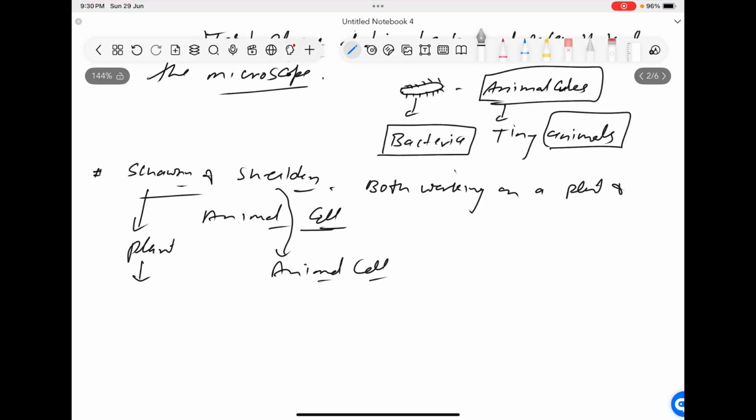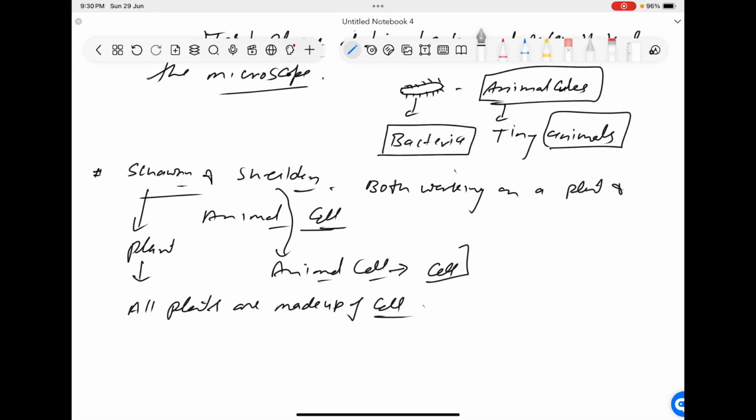They developed the cell theory, also known as the Schleiden and Schwann cell theory, in 1838 and 1839. In 1838 Schwann proposed his theory of plants made up of cells, and in 1839 Schleiden proposed this theory.